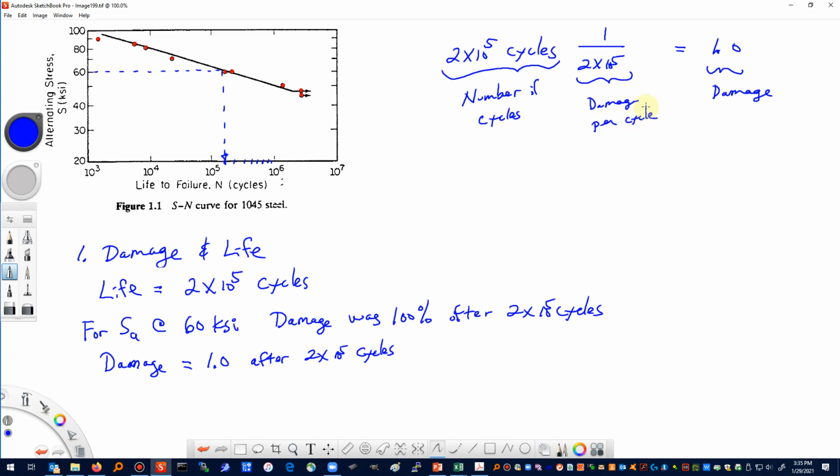So that when we multiply the damage per cycle times the number of cycles, we get 1.0. So we're going to see this a lot. There's a reciprocal relationship between damage and life.